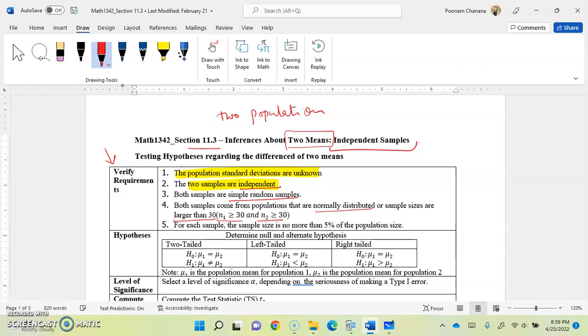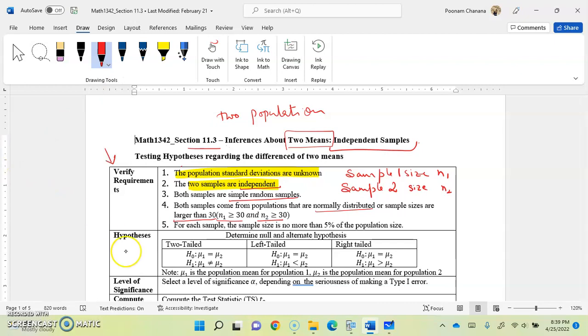So sample 1 size is N1 and sample 2 size is N2. Two different sizes because two different samples, right? And they are not dependent, they are not in matched pairs, so they don't have to be the same size, they can be different.